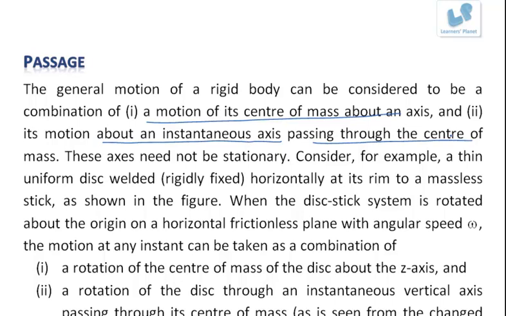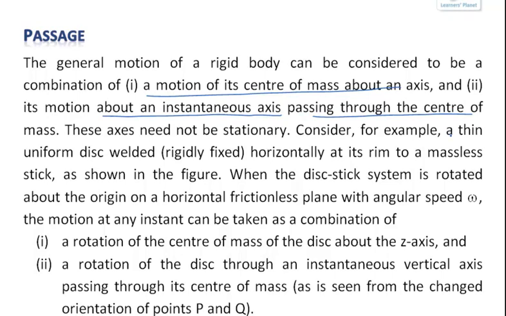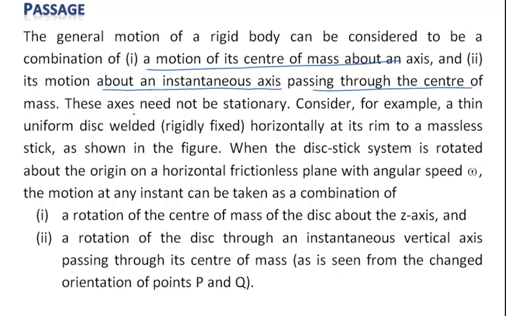That means we have to study the motion of the center of mass as well as an axis passing through the center of mass, and we will study the motion of the rest of the body, right? These axes need not be stationary. Maybe the axis about which the center of mass is studied may be moving, or the instantaneous axis passing through the center of mass may be moving.